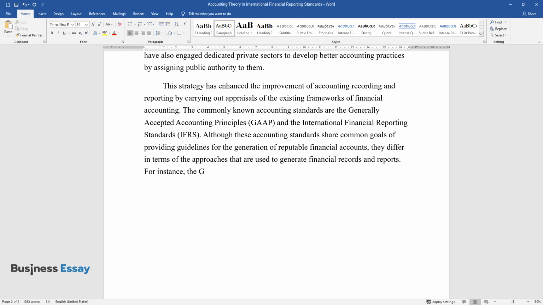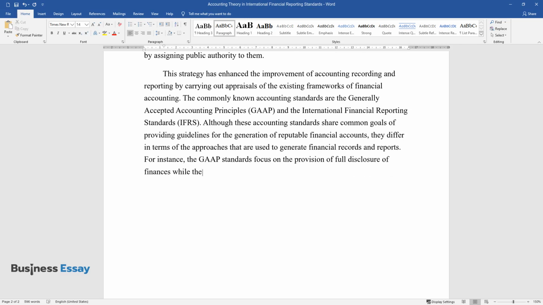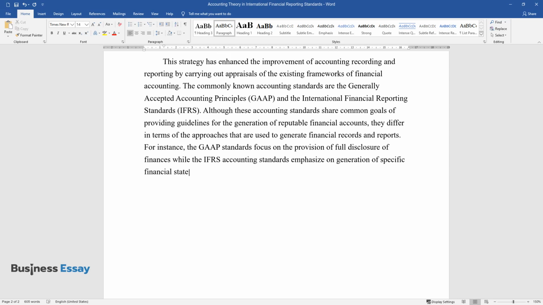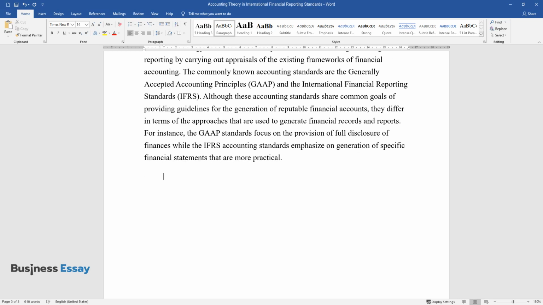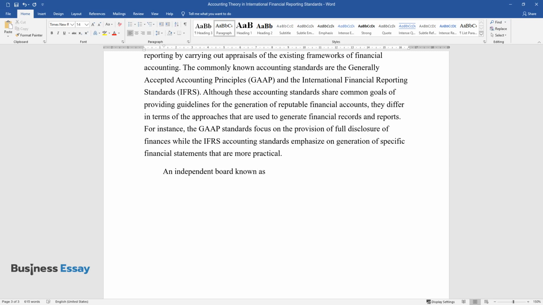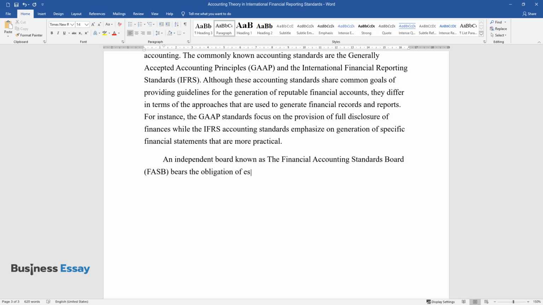For instance, the GAAP standards focus on the provision of full disclosure of finances while the IFRS accounting standards emphasize the generation of specific financial statements that are more practical. An independent board known as the Financial Accounting Standards Board, FASB, bears the obligation of establishing the GAAP standards.